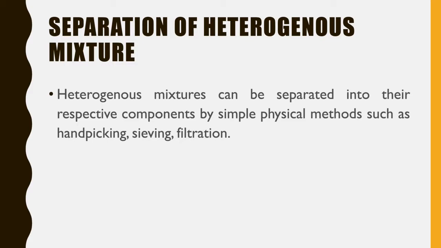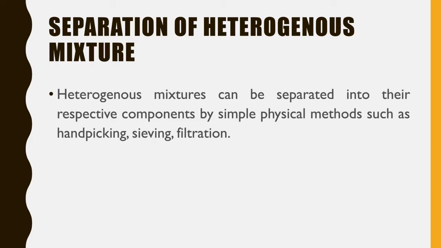Sometimes you may have seen that your mother is picking the stones from the dal. When the pulses are mixed with small stones, simply by the hand picking method we can separate the stones from the pulses.